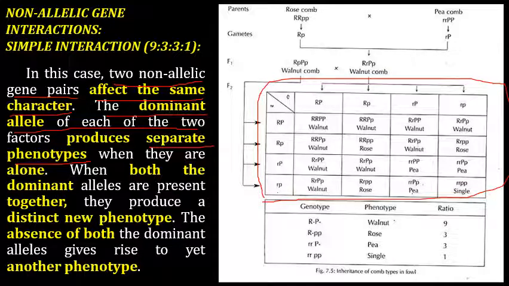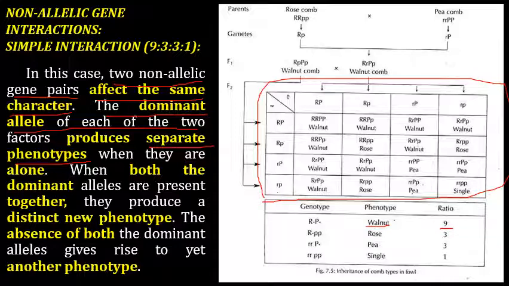The dominant genotypes, capital R and capital P, produce the walnut type of comb in a quantity of 9.